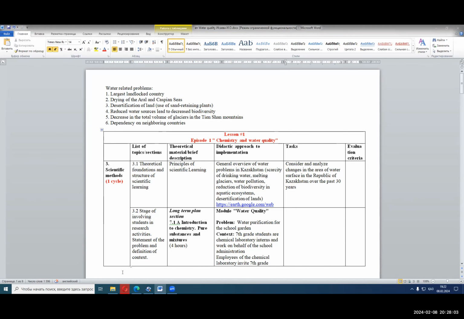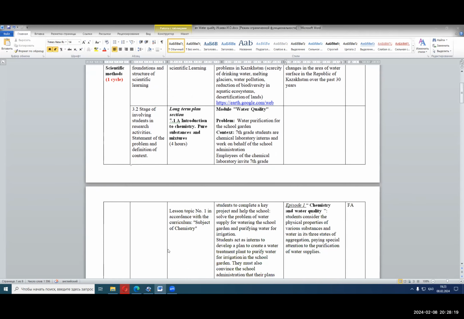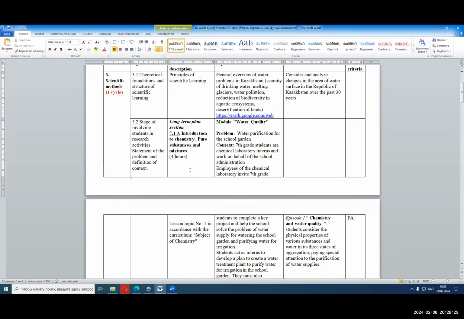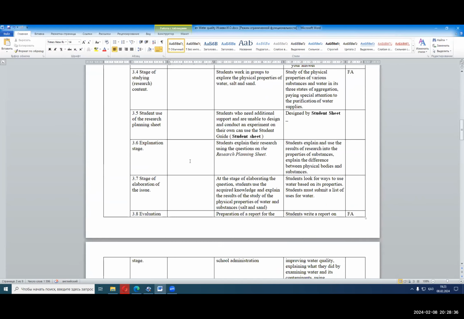I'm wondering, because you have water, just in terms of the amount of water, are you doing anything in terms of water pollution? So I see a little bit in water pollution. Yeah, we have connections with our national curriculum. For example, here, like pure substances and mixtures. The author of this plan is not with us.